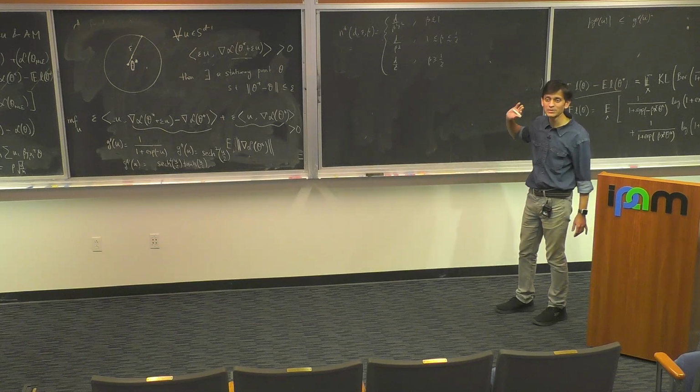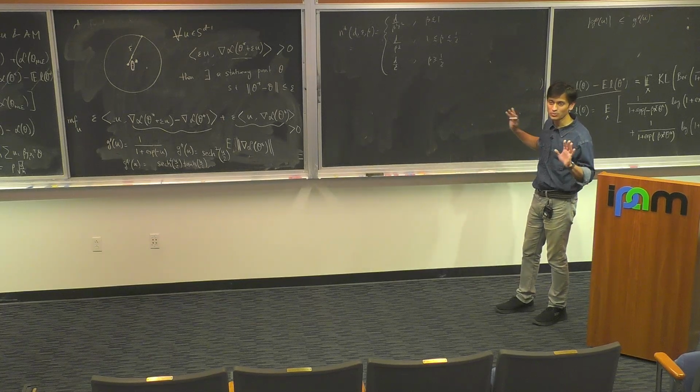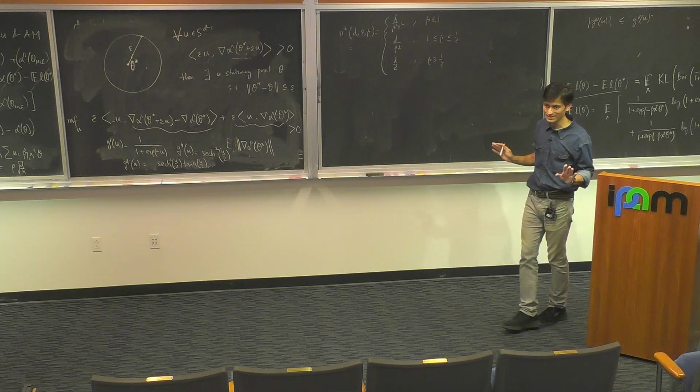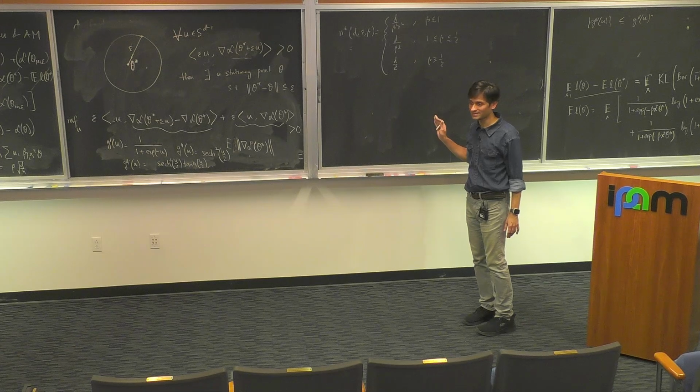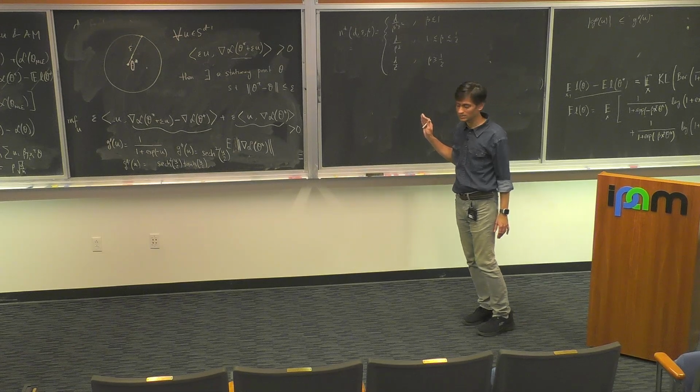So why don't we use 0, 1 loss? Well, there is no hope of doing it in polynomial time, but let's minimize 0, 1 loss because there is very strong generalization guarantees there, right? So what do I mean?